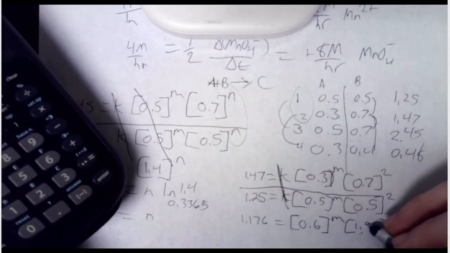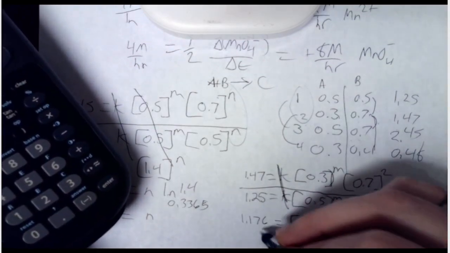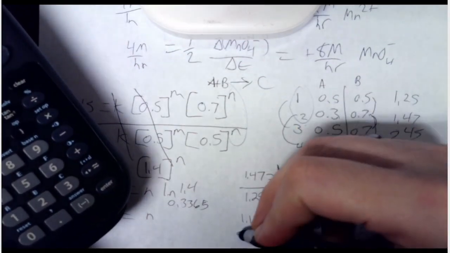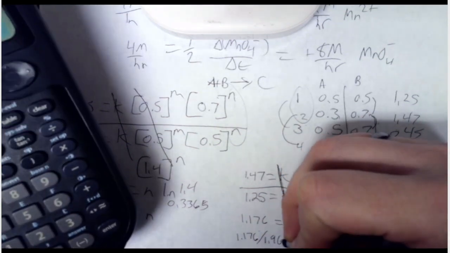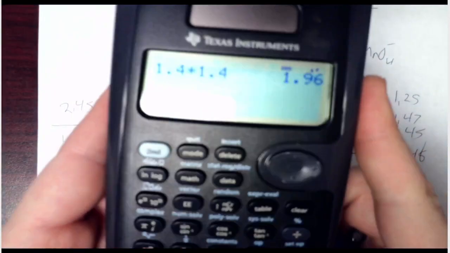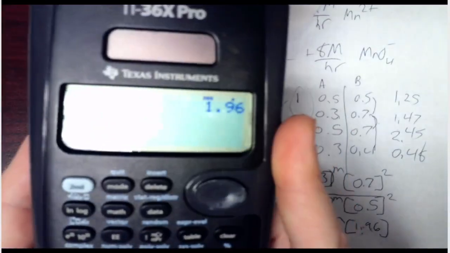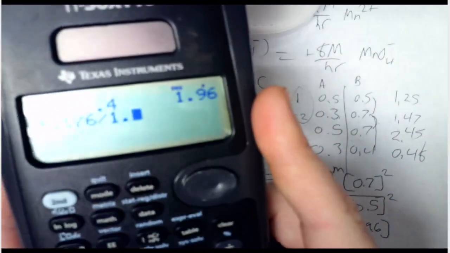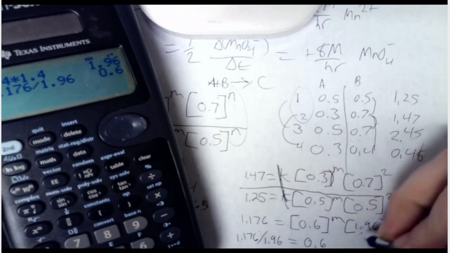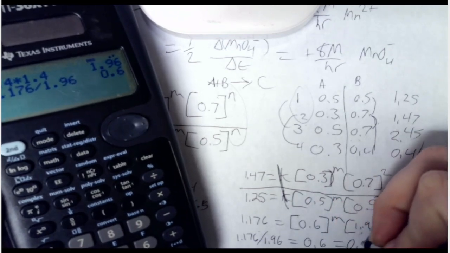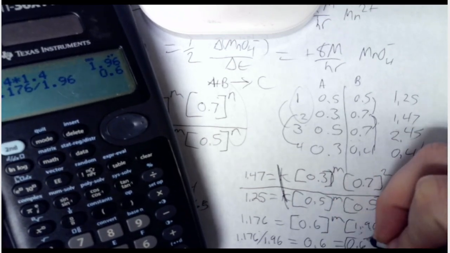So with that in mind, let's get this to the other side. 1.176 divided by 1.96 is equal to 0.6 to the m.